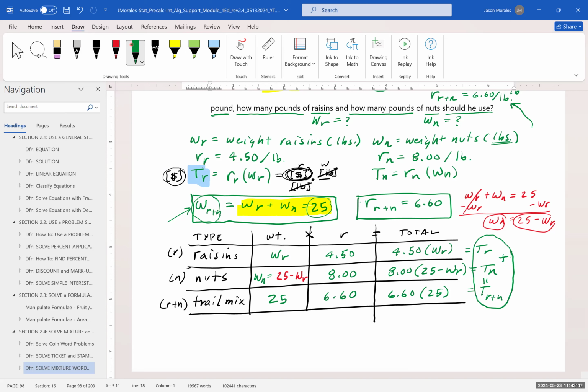And this relationship is the same relationship that we've got up here, right there. But now it's with totals instead of weights. All right, so now we can write the total of raisins plus the total of nuts equals the total cost of raisins plus nuts.